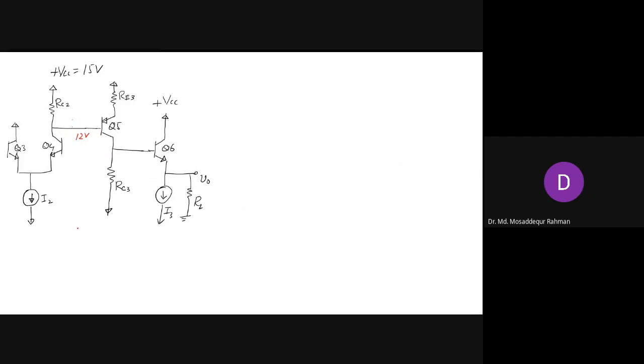This circuit is called the DC voltage level shifter. This circuit is connected here to shift the DC voltage level so that at the output, the DC voltage is 0, right? At the output, the DC voltage should be 0. So that is our main target.